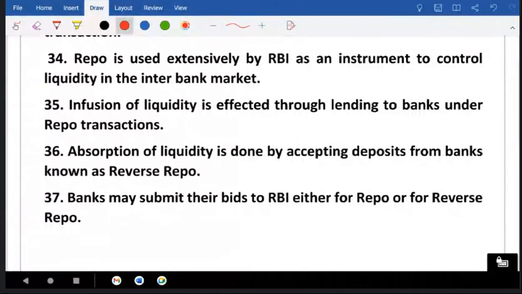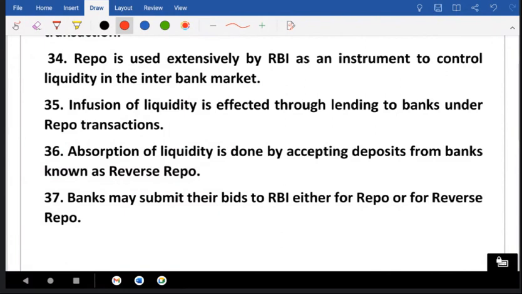So by changing the repo rate, RBI controls the liquidity in the market. Infusion of liquidity is effected through lending to banks under repo transactions. And absorption of liquidity is done by accepting deposits from the banks, known as reverse repo.